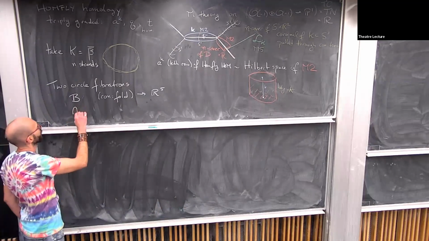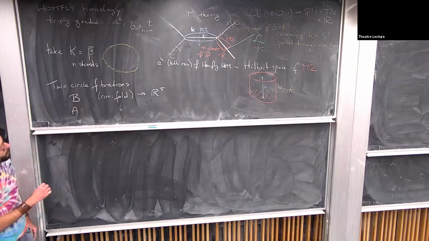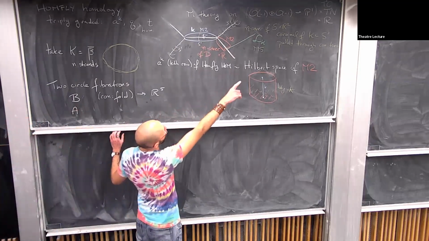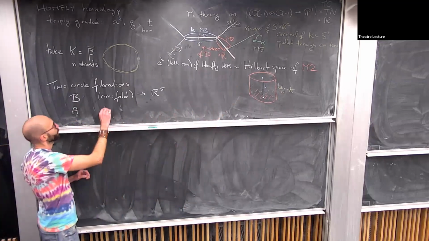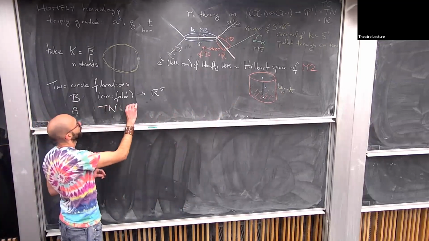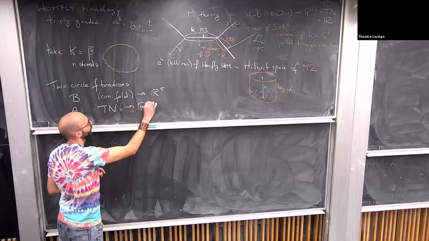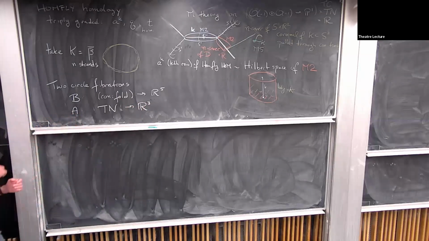And there's another fibration, which is in the Taub-NUT. So it's expressing Taub-NUT as a fibration over R3.